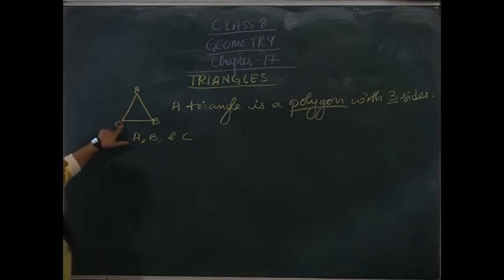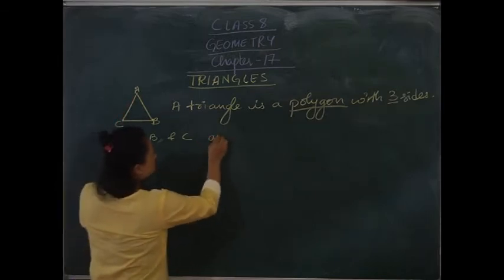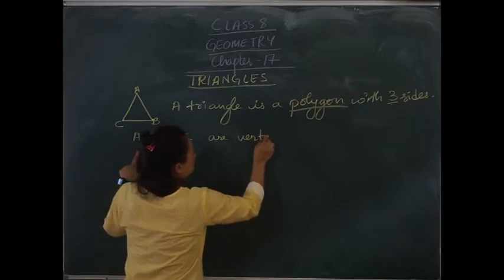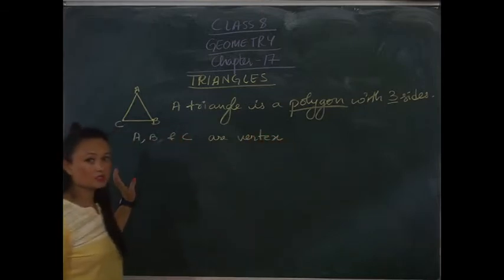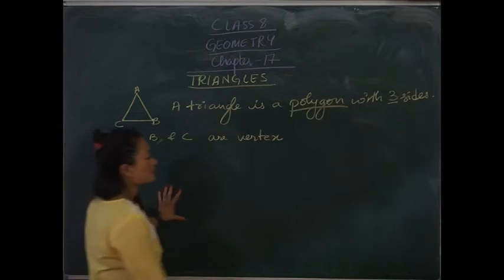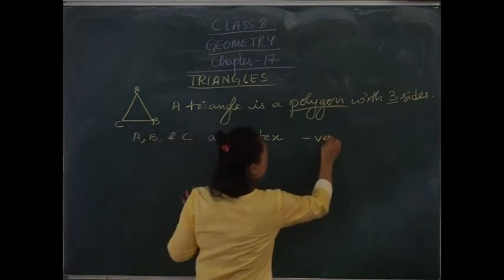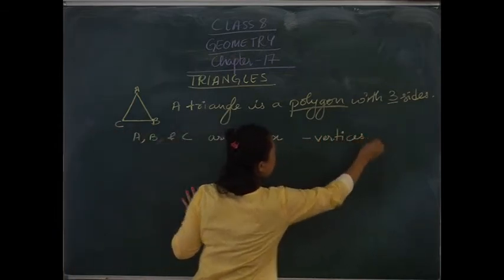The point where the 2 lines meet, individually they are called vertex. Plural, vertices.